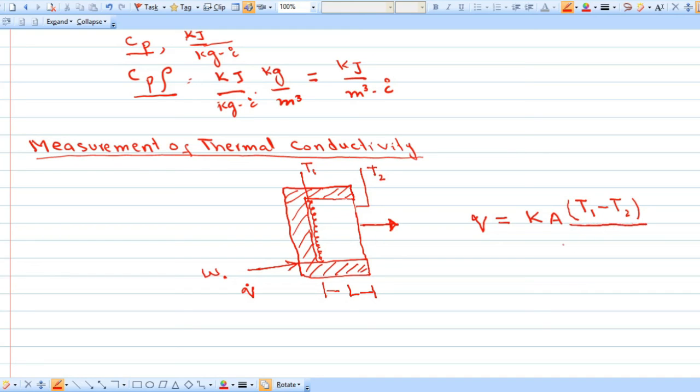Thermal conductivity K will be equal to QL divided by A(T1 minus T2).